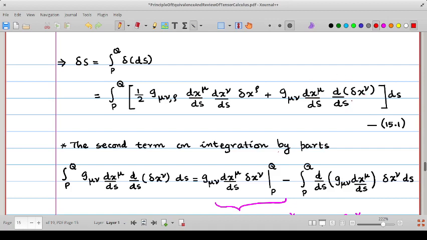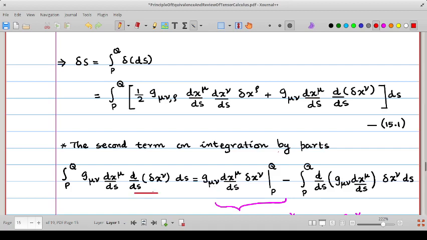And if we do an integration by parts of this second term, we will get the integral from P to Q of g mu nu dx mu by ds d by ds of delta x nu times ds, and considering this as the second term and this as the first term, we will have the first function, which is g mu nu dx mu by ds, times the integral of the second.